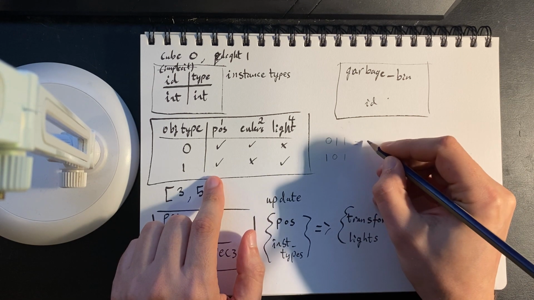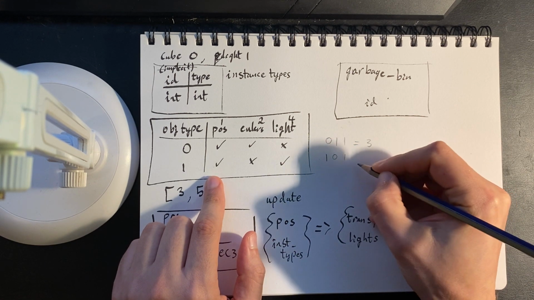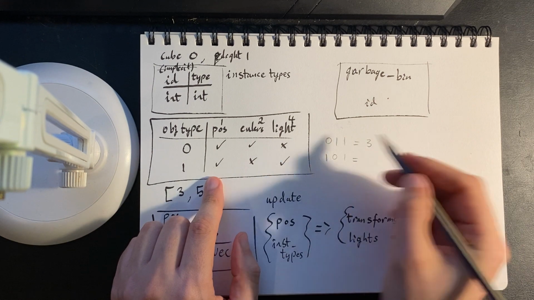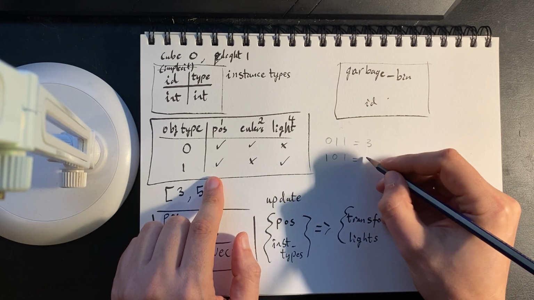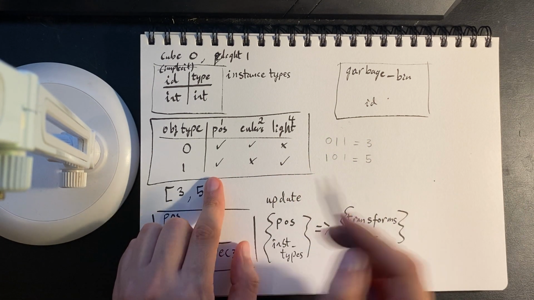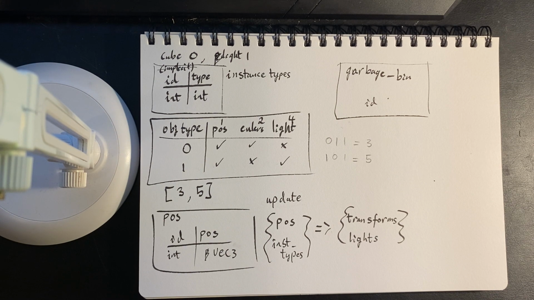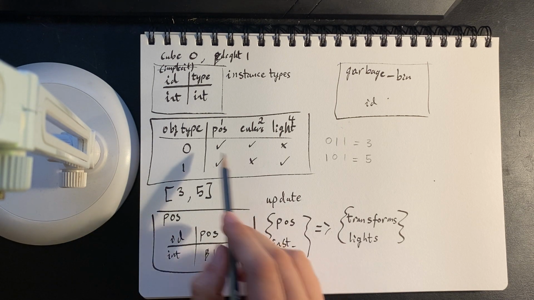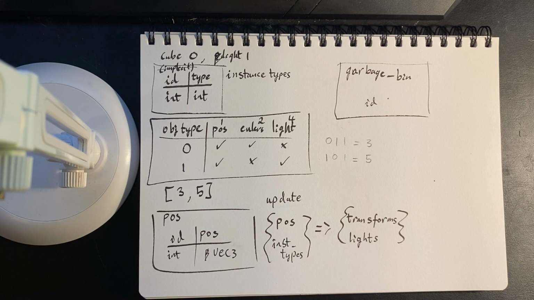This corresponds to the number 3, describing the components of the cube, and the number 5 describing the components of the light. Now that can then be extracted by bitwise operations as a simple test to check, if I'm updating an object, which components does it have associated with it? And then go and update those as well.